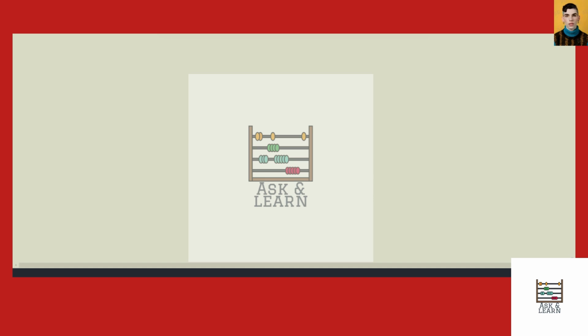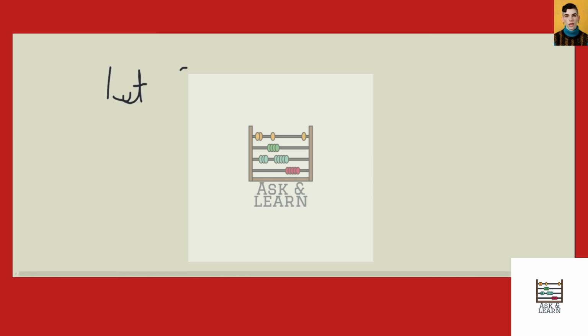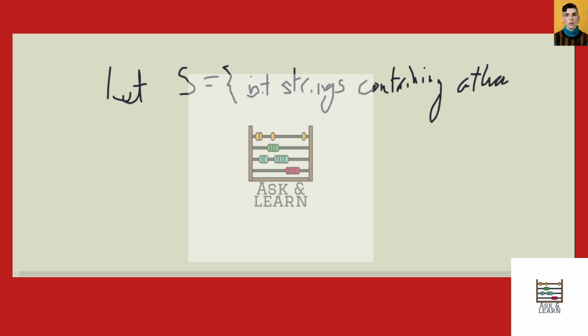This is going to be hard to describe in terms of smaller sets, so I'm just going to let S be the set of all bit strings containing at least 3 zeros. And let S0 be the start state.